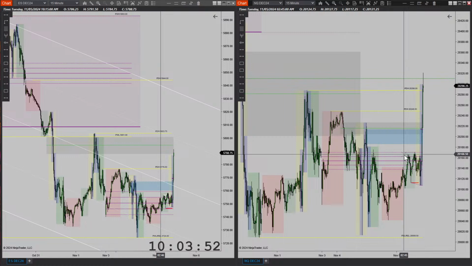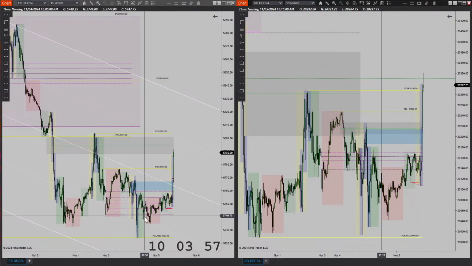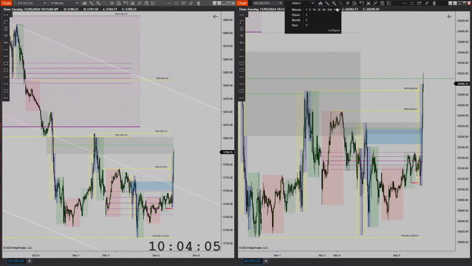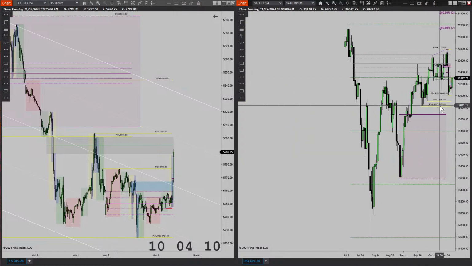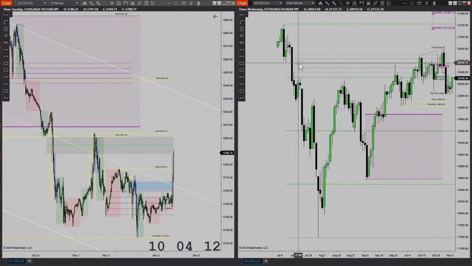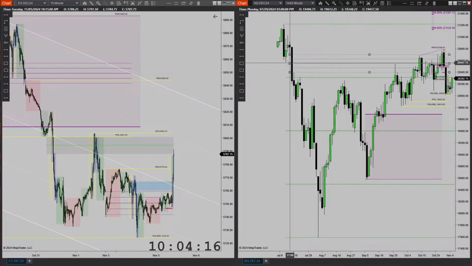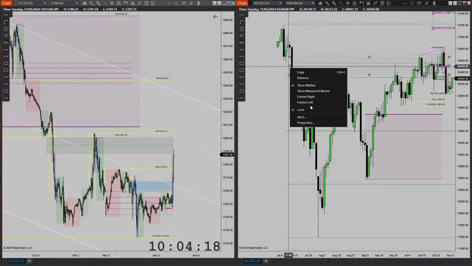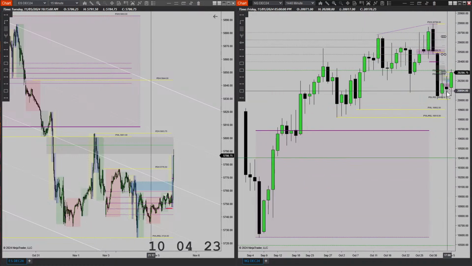This new week opening gap didn't do anything. Same thing here, nothing. Oh, that's right. This gap is pretty big.